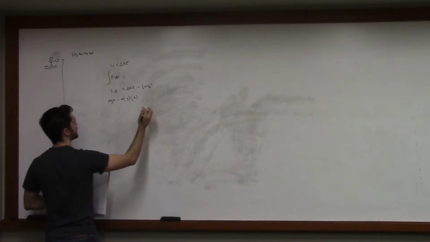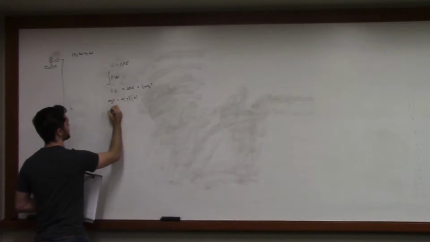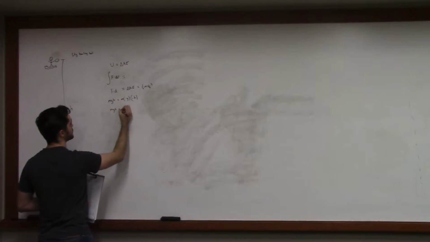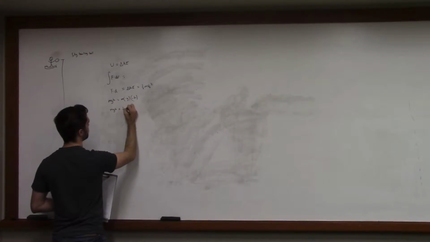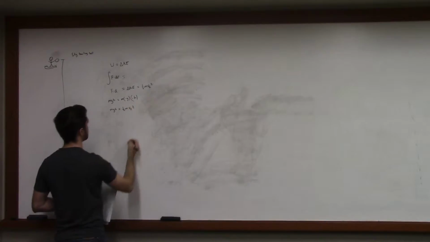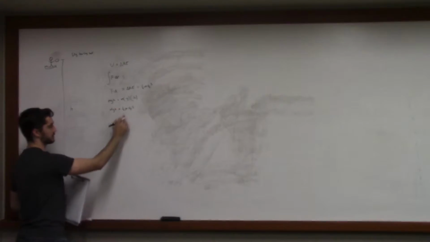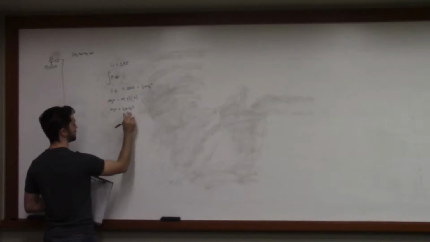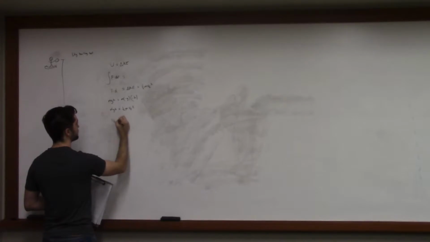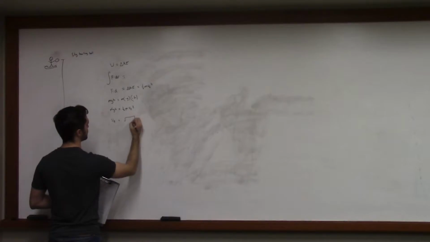So all is good. Let's bring this down here. We'll say mgh is equal to 1/2 m Vf squared. You can go ahead and see that these m's are going to cancel. Now I'm going to multiply by 2, and then I'll take the square root. I'm going to bring the Vf to the left. So I get Vf is equal to the square root of 2gh.